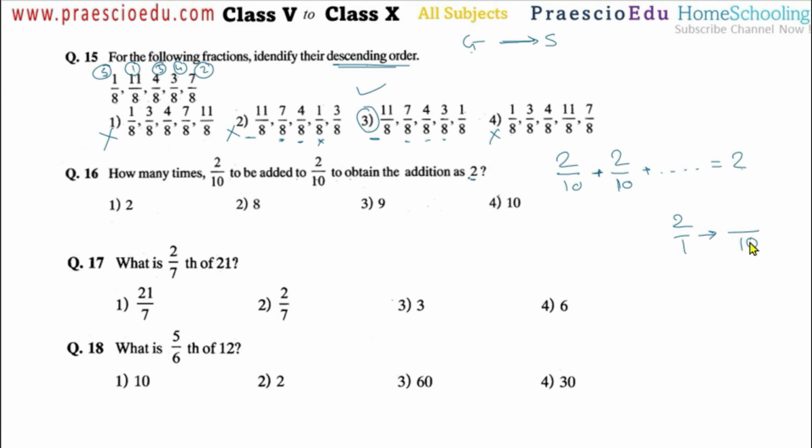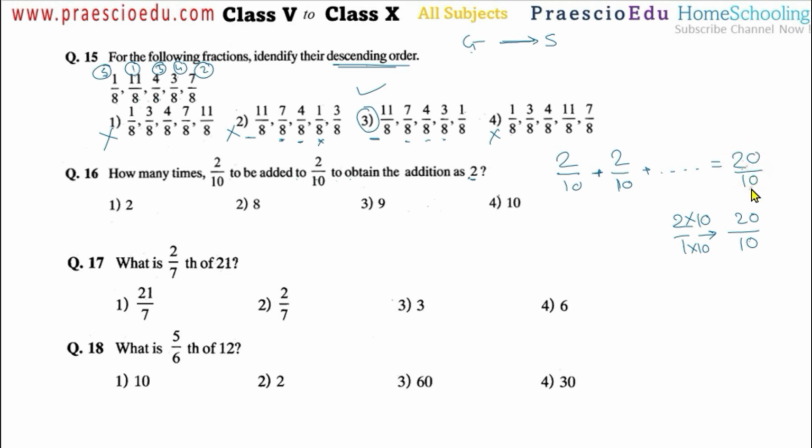To get 10 in the denominator, the multiplication should be 10, and the same multiplication in the numerator too, so 2 by 10 should be 20 by 10. Then only can we talk about the additions. Of course 20 by 10 means 2.